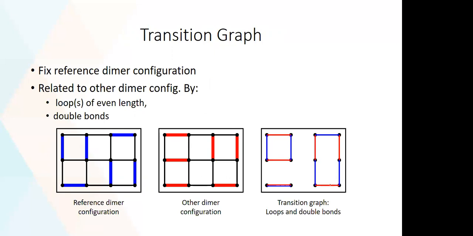Plus 2 for the... I think you also need to count the 2 from the double bonds. Yes, you need to count it, otherwise the same state would have 0 norm. If D and D prime are the same, then you only get those double lines. The factor x is only for loops larger than 2. That's the point.